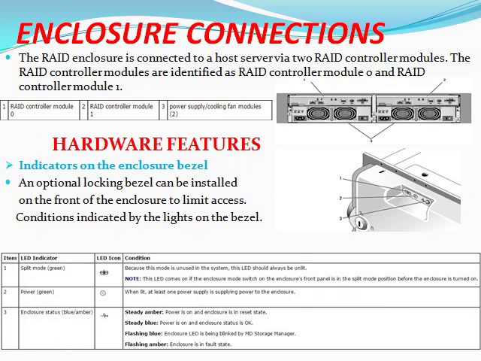If it is steady blue, it means power is on and the enclosure is okay. If it is flashing blue, it means it is being identified by MDSM storage manager. If it is flashing amber, it means the enclosure is in a faulty state.